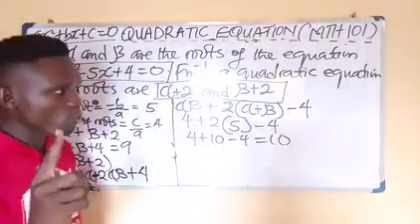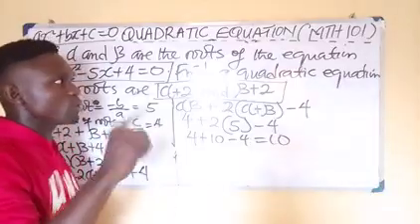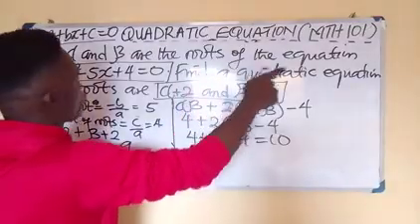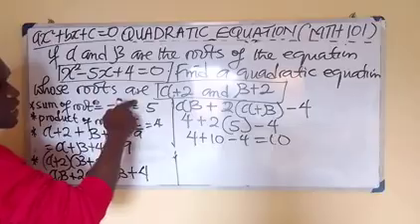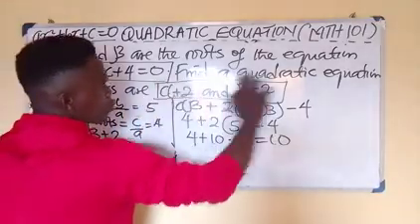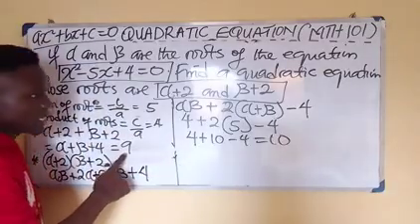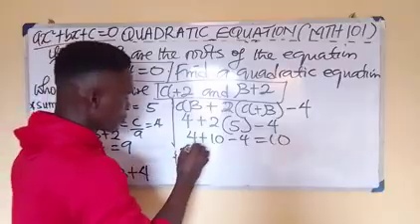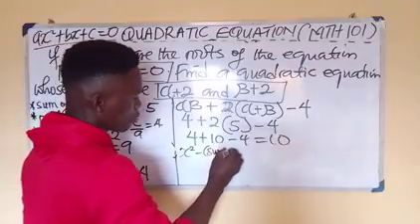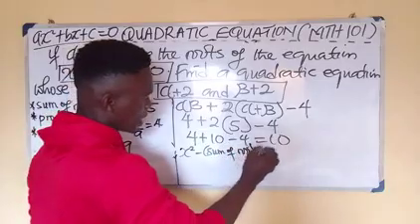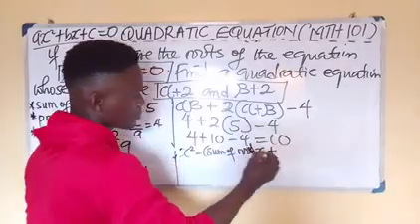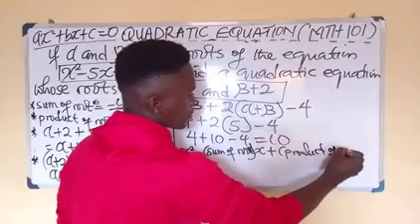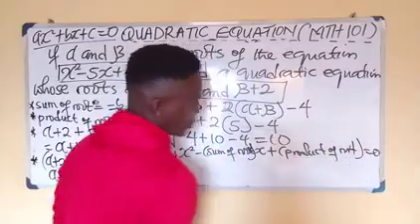Therefore, the new quadratic equation, don't forget, they said find a quadratic equation whose roots are, all right, so these are the roots. From these roots, we were able to get 9 and 10. So it means I'll say x squared minus the sum of roots, then x, plus the product of roots equals what? 0.